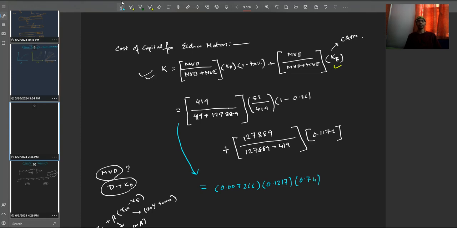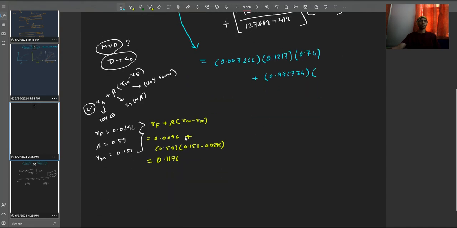This entire thing is the debt part, right? Plus for the equity part, 127889 divided by 127889 plus 419. This is equal to 0.996734. Multiplied by cost of equity. Cost of equity is coming to 11.76%.